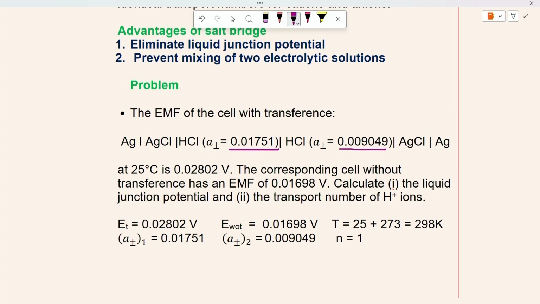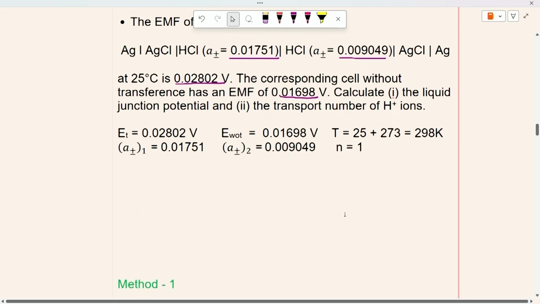It is AgCl in contact with HCl solution, and its EMF is 0.02802 volts, and the corresponding cell without transference has a potential of 0.01698 volts. Calculate the liquid junction potential and the transport number of H plus ions. You are supposed to find the liquid junction potential.